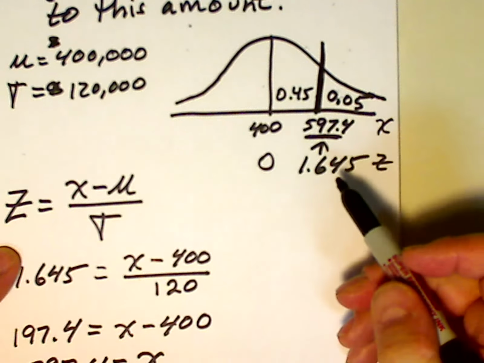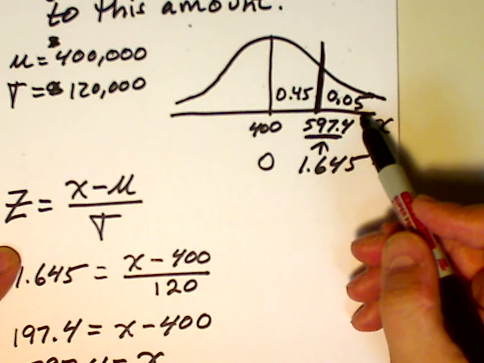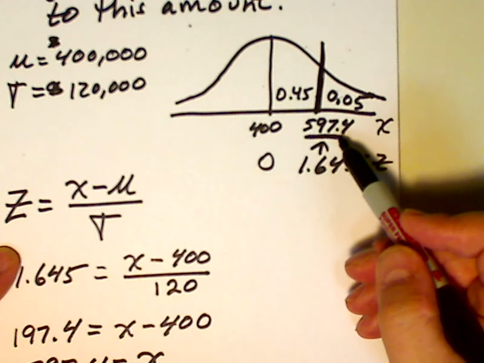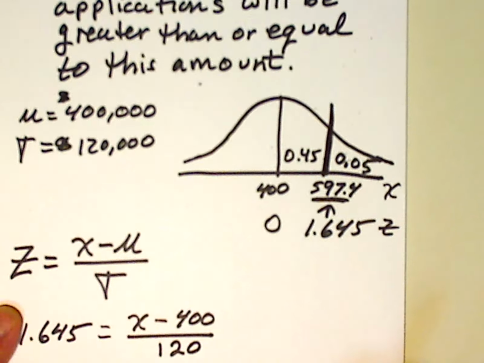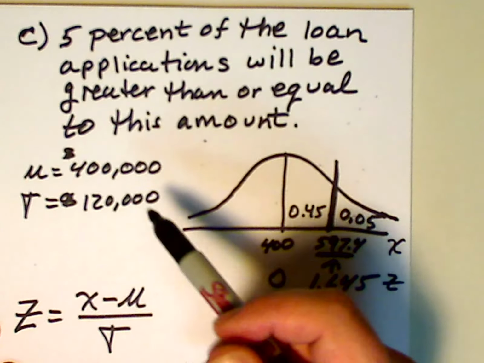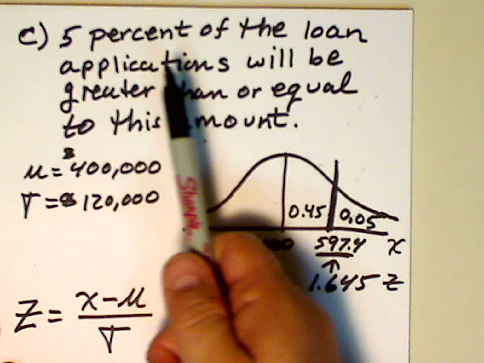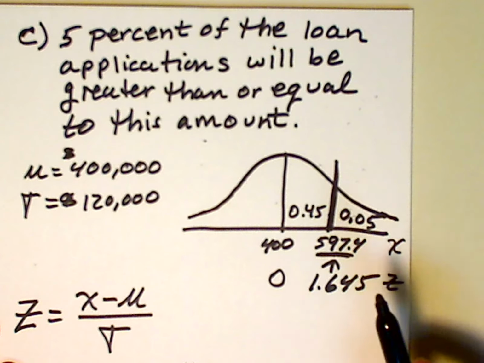So we know that 5% of the applications will be for an amount of $597,400 or more. So let's take a look again at what this problem is. This problem asks us, hey, 5% of the loan applications will be greater than or equal to what amount?